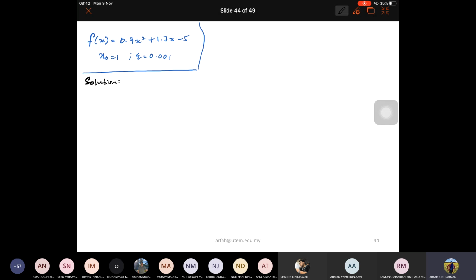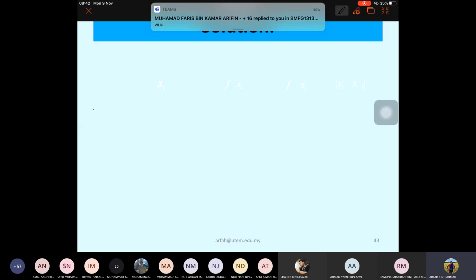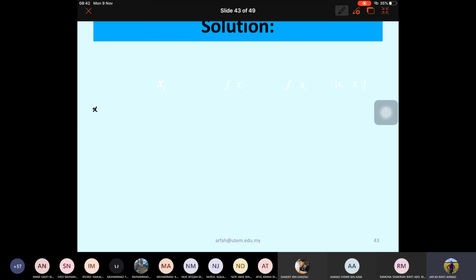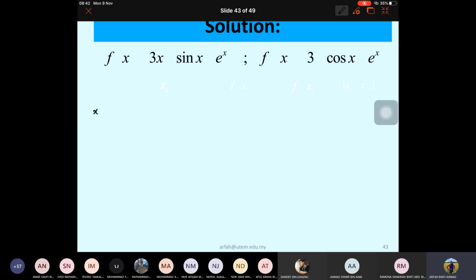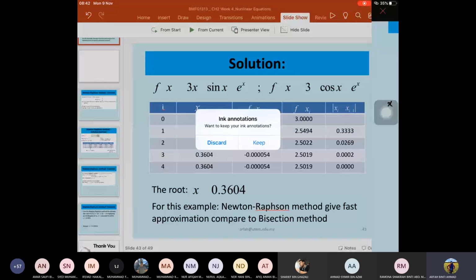Okay, by using the Newton-Raphson method. So the solution, kita akan guna Newton-Raphson.